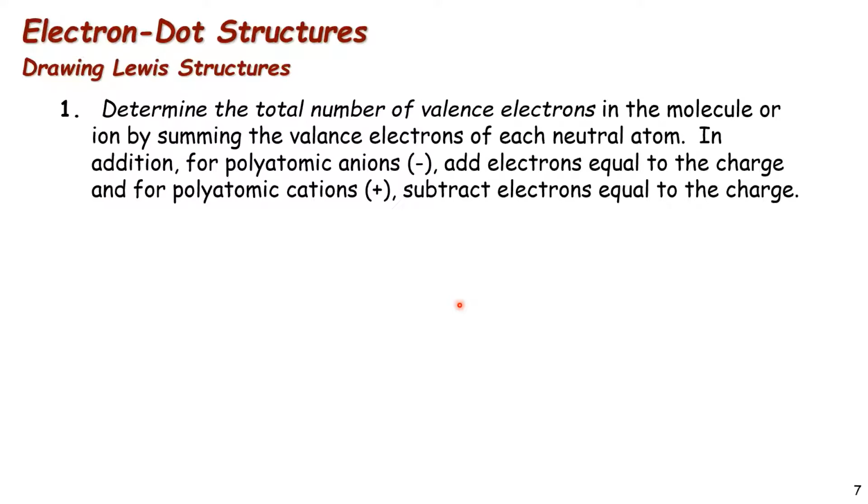Then if it is an anion, that means it has extra electrons, so we're going to add whatever that charge is. If it's a -1, we add 1 electron. If it's a -3, we add 3 electrons on top of all the other valence electrons. And if it's a cation, that means it lost electrons, so we're going to subtract that same number of electrons as the charge.